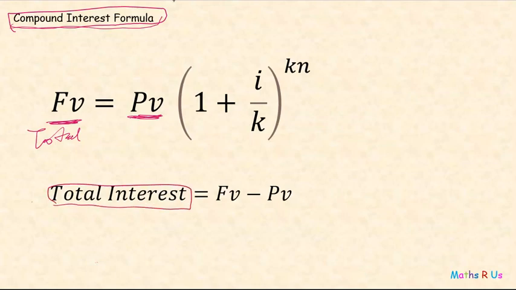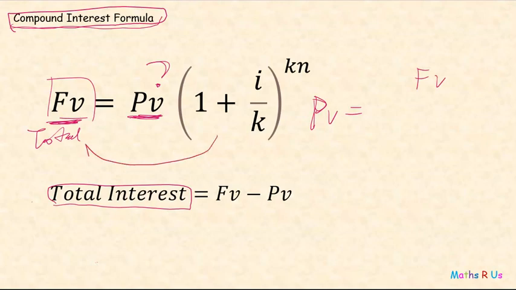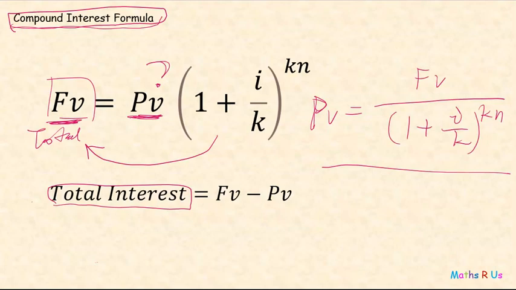And one more thing, if we know the future value, but we don't know the principal amount or anything else in this equation, how can we find them out? Simply reorganize this equation. For example, if you want to find the principal value, you simply reorganize this equation like this. Be flexible. That's compound interest.